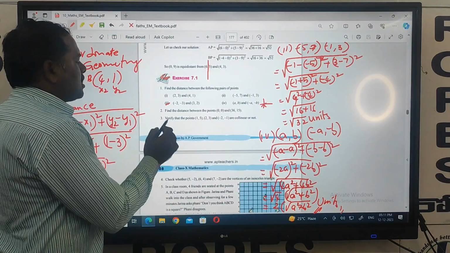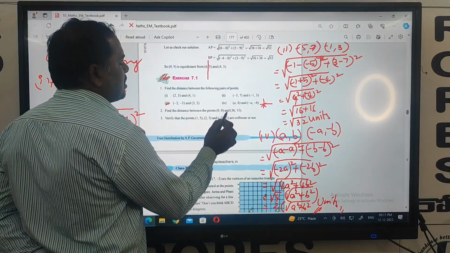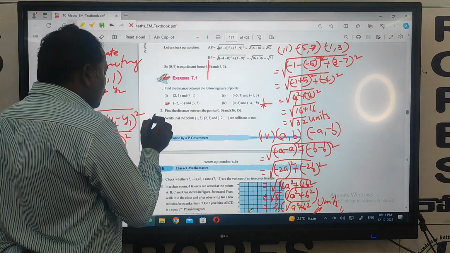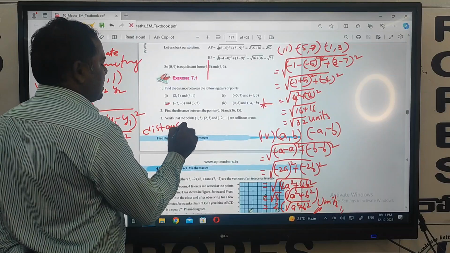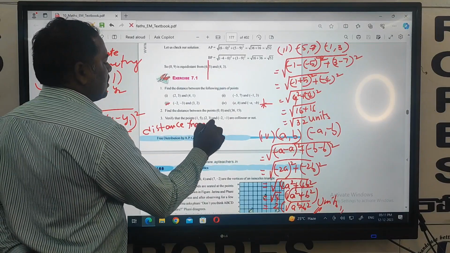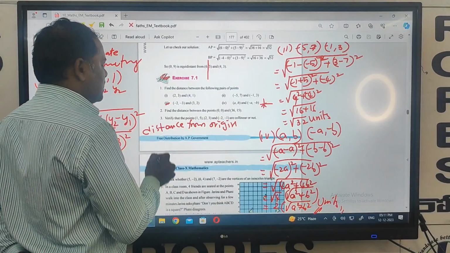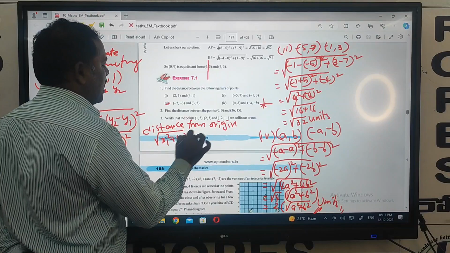Next, the distance between the points (0, 0) and (36, 15). Here we learned the distance from the origin, which is the square root of x1 square plus y1 square.